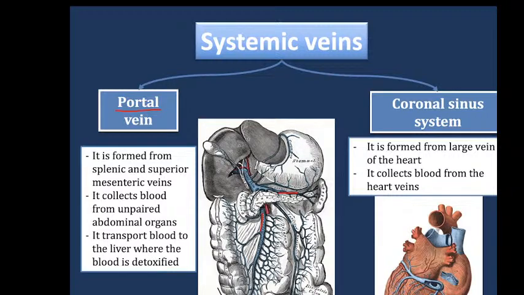This venous system collects blood from unpaired abdominal organs, such as the stomach, spleen, pancreas, duodenum, and other parts of small intestine, large intestine, and partly from rectum.